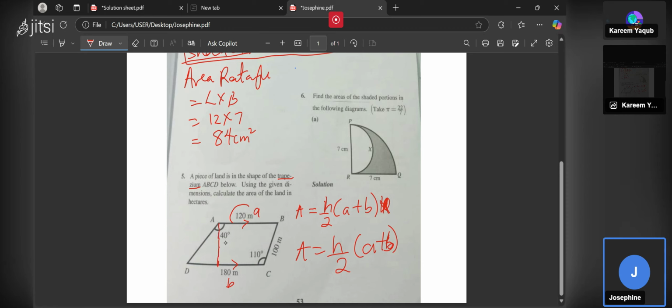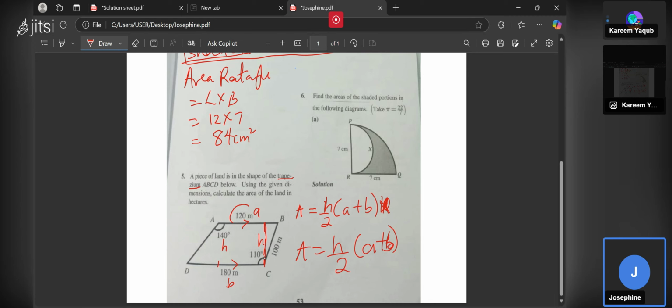So this is the height we are looking for. If you like, you can bring it to this side. I think the best place to bring it to is this side because we have something there that we can make use of. This line here is the height.